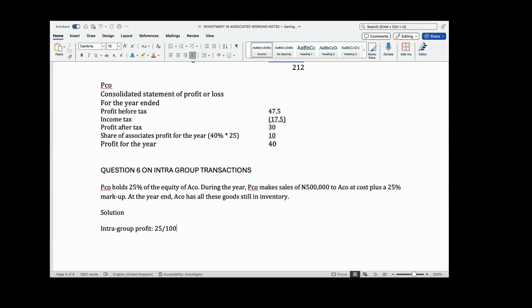No, it's 25 over 100 because it's already on cost plus 25, and it's markup. Well, let's take it one by one. Femi, let me hear you. You said it's 25 over 100 because it's on cost plus and it's already markup. So it's on cost. Okay, 25 over 100.